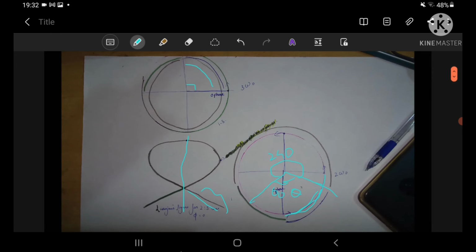So if you follow my hand, as I move from this point to this point, I pass by 180 degrees of this rotation. Let's go from here to here.